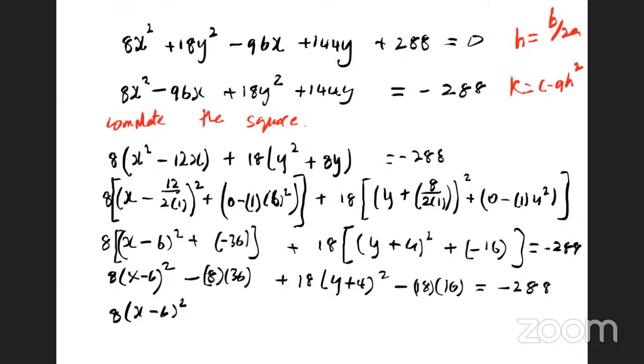Right, so you end up with 8 by x minus 6 squared plus 18 by y plus 4 squared is equal to minus 288 plus, I'm bringing all the numbers to the right side.